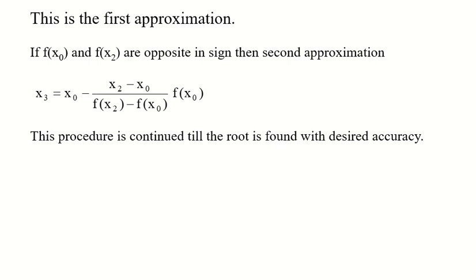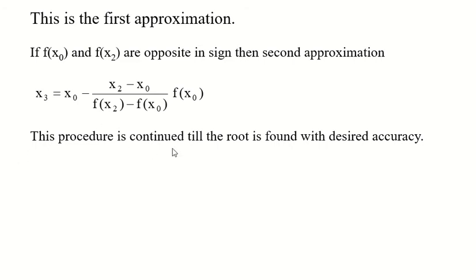Similarly, if f of x0 and f of x2 are opposite in sign, then the second approximation x3 is got by replacing x1 by x2 in the formula. Wherever you have x1, you are replacing it by x2. If f of x1 and f of x2 are of opposite signs, you are replacing x0 by x1.